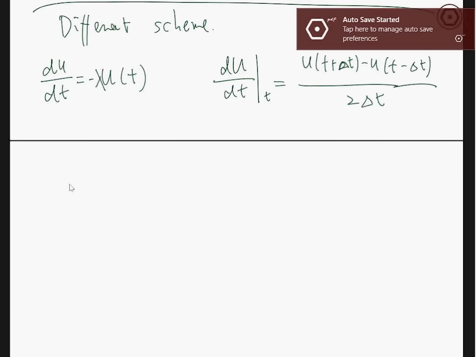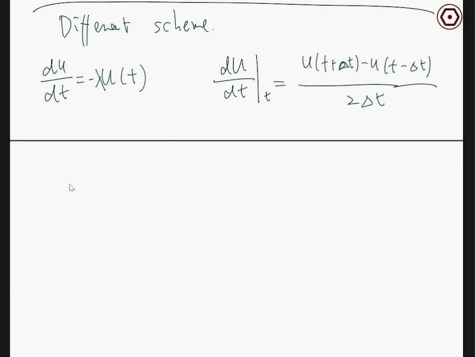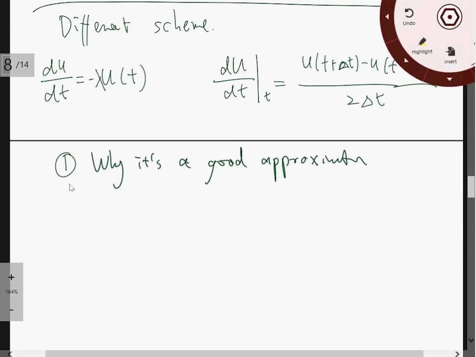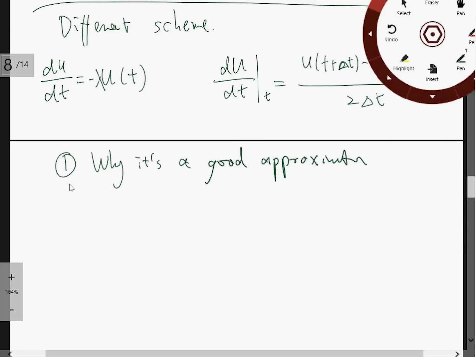Good. As to the world's problems, all can be solved using Taylor series expansion. Okay, it's good. So the answer to the first question, why it's a good approximation. To answer that, again, we use Taylor series.